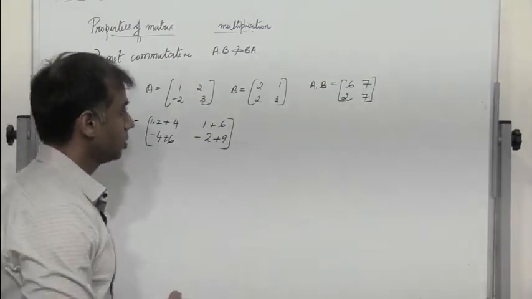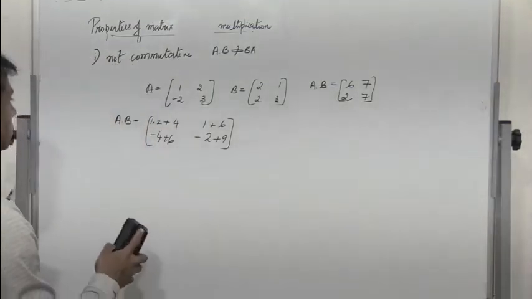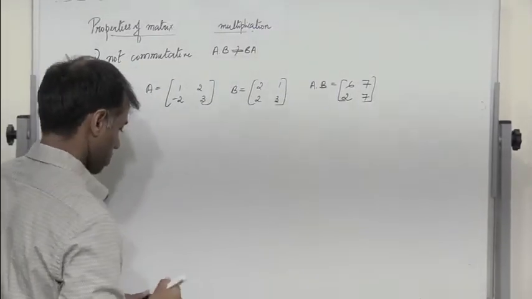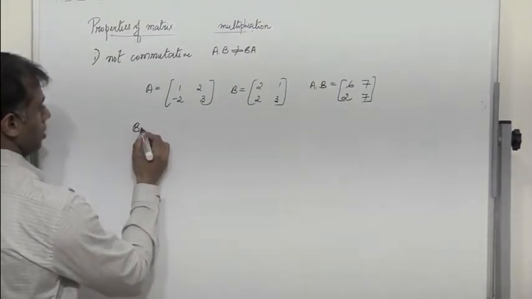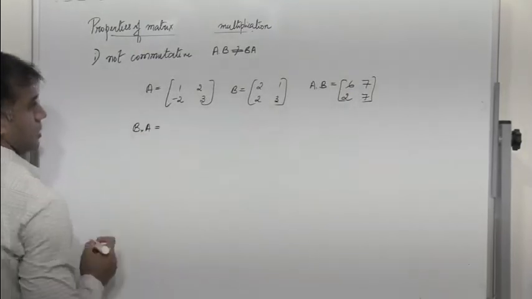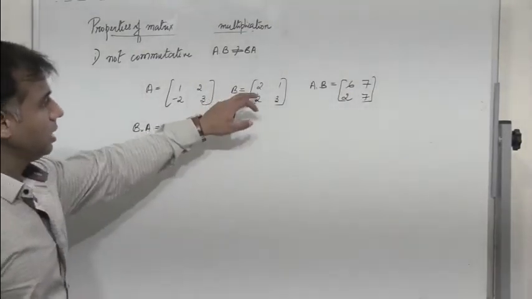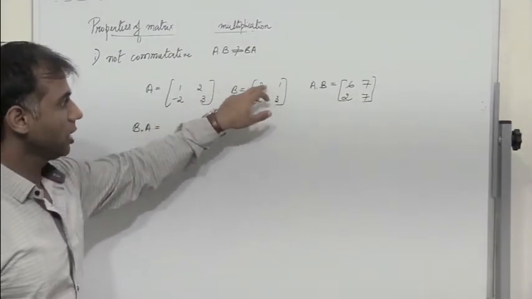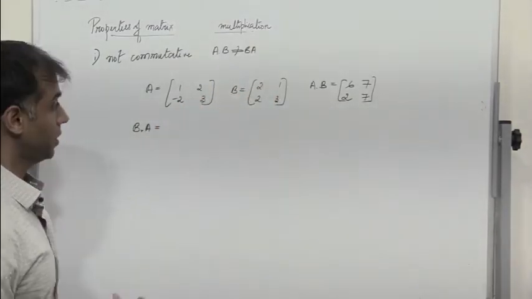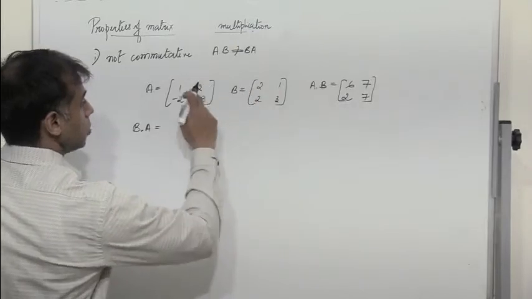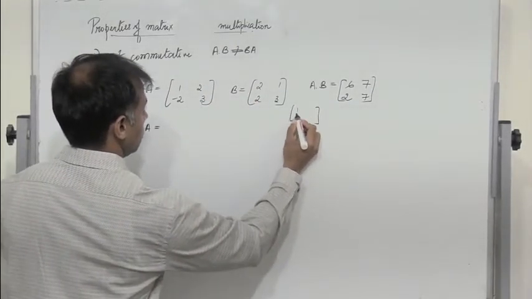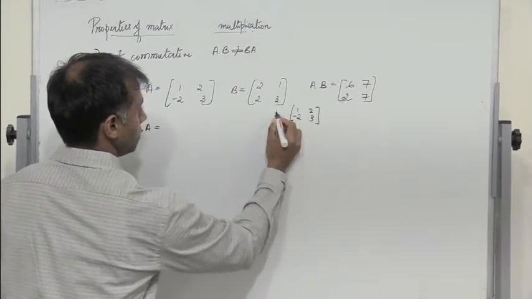So now let's do B into A. For B into A, I multiply the first row with the first column. Right? So I consider the elements of B first. For reference, let me write matrix A here. 1, minus 2, 2, 3.